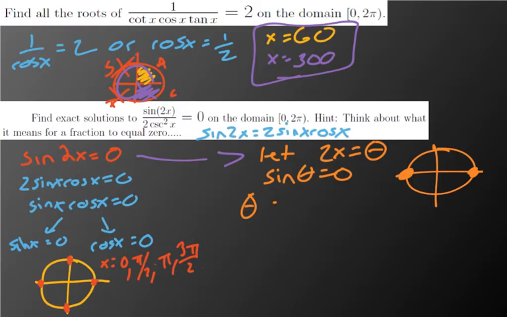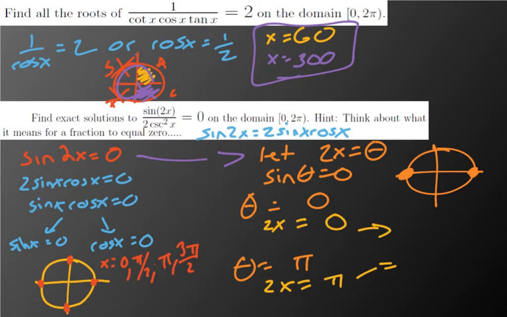So theta equals 0, or theta equals pi. But then you got to unsubstitute, right? So theta is 2x, so 2x equals 0, or 2x equals pi. And so if you just divide by 2 on that, you'll get x equals 0, and then here you're going to get x equals pi over 2.